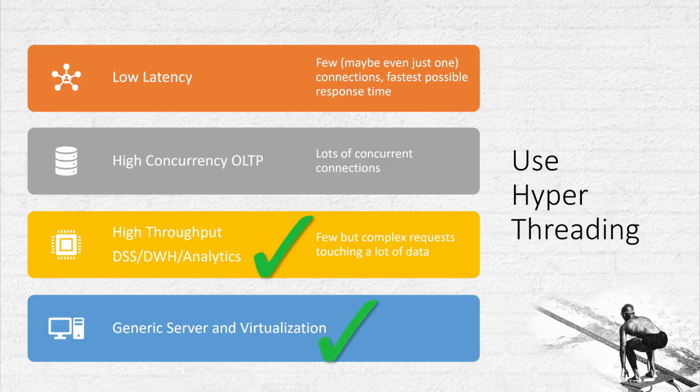And usually in generic servers, you will gain some overall performance through hyperthreading. But be aware that an individual query might now take longer, but you can run 30% more queries in the same time. So again, it's a trade-off, and you will have to make these decisions.